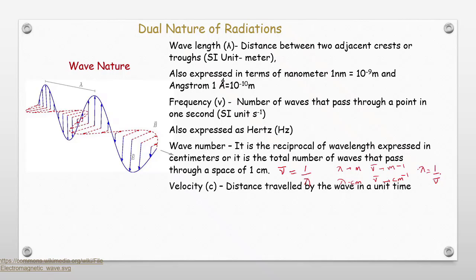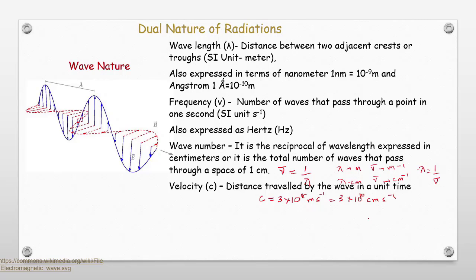Next is velocity. It is the distance travelled by the wave in a unit time. And velocity of electromagnetic radiation in vacuum is a constant, and it has the value 3 into 10 raised to 8 meters per second, or 3 into 10 raised to 10 centimeters per second.